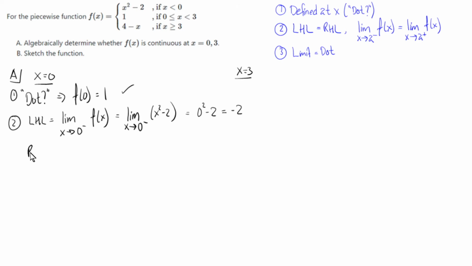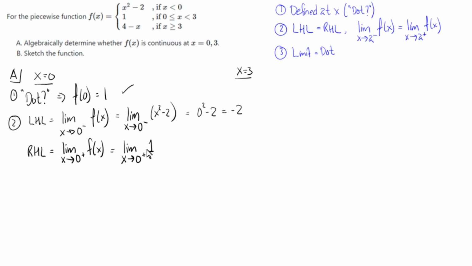And then the right-hand limit. This time it's going to be the limit as x approaches 0 from the right of f of x. As x approaches 0 from the right, x is going to be slightly larger than 0. So we're going to be using the function definition of 1. So this is going to say the limit as x approaches 0 from the right of 1.